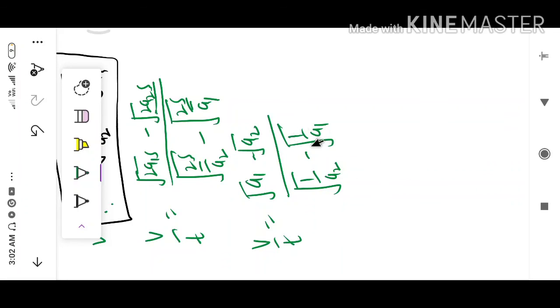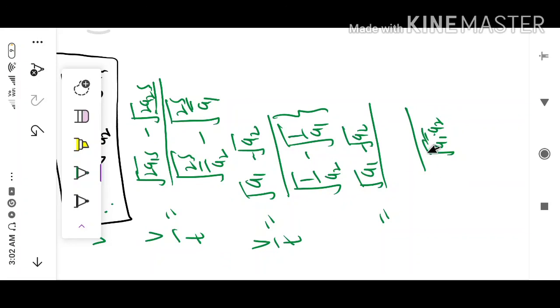When I solve this, taking the LCM, we get root a1 a2. I am solving this one, so we get root of a1 minus a2.